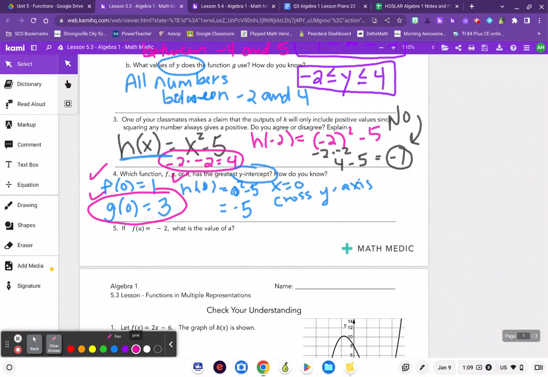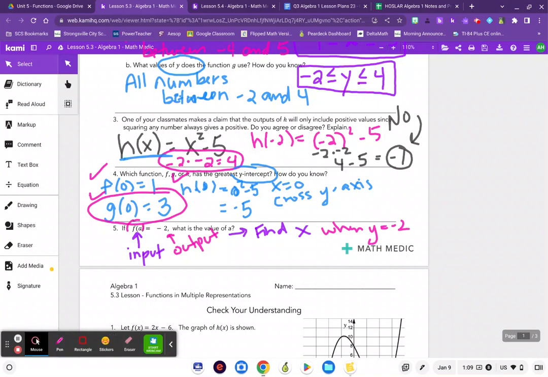And finally, problem 5 says f of a equals -2. What is the value of a? All right, so in this case, a is in the spot of my input. This is like saying find x. A just represents a special x. When f of a equals -2, that's my output. That means find x when y equals -2, and we're doing that specifically for the f function. We're going to head back up here.